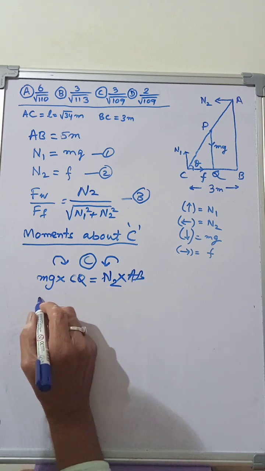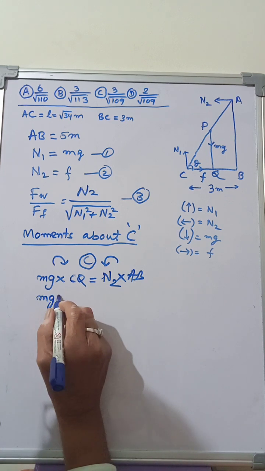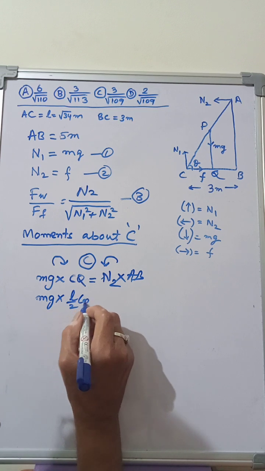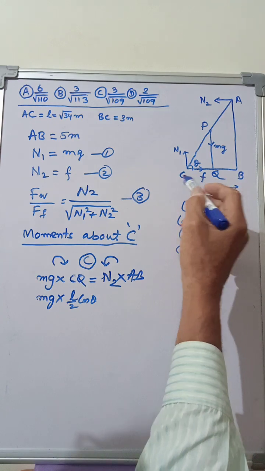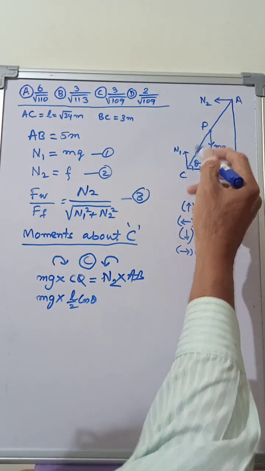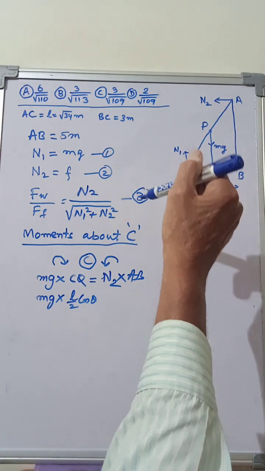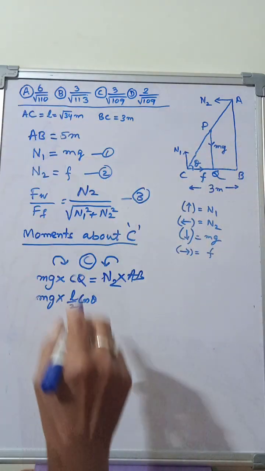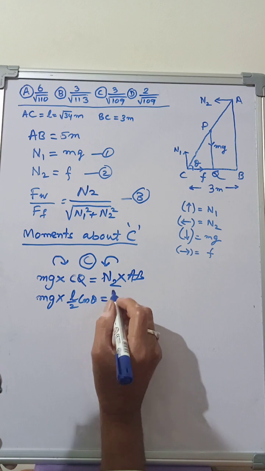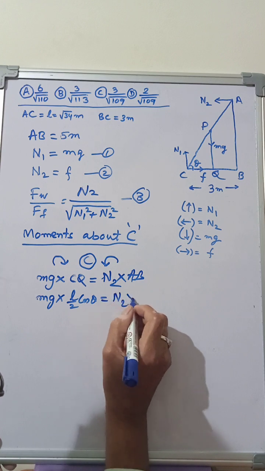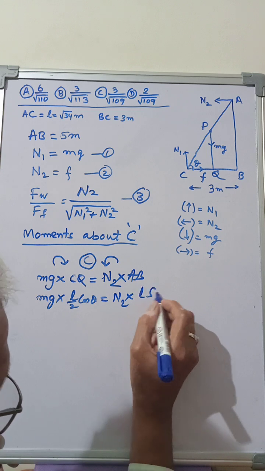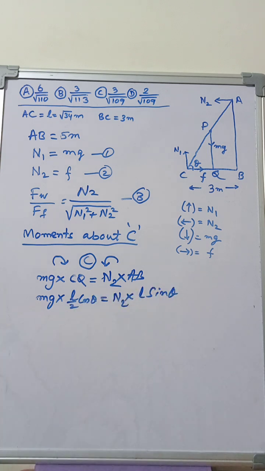And we know that CQ is equal to L by 2 cos theta, because CQ is equal to CP cos theta and CP is equal to half of the length, because P is the midpoint. Therefore, CP is equal to L by 2. L by 2 into cos theta, and N2 into AB. AB is equal to L sin theta.